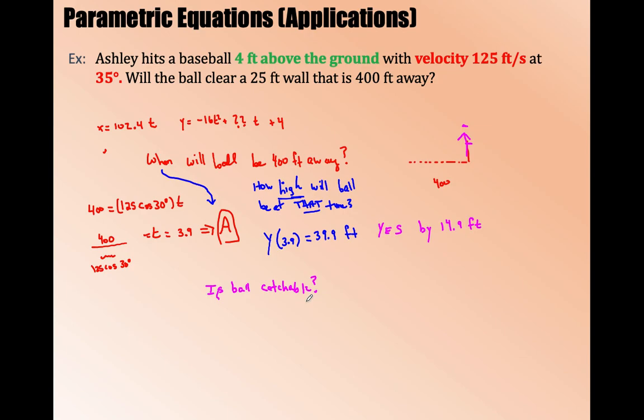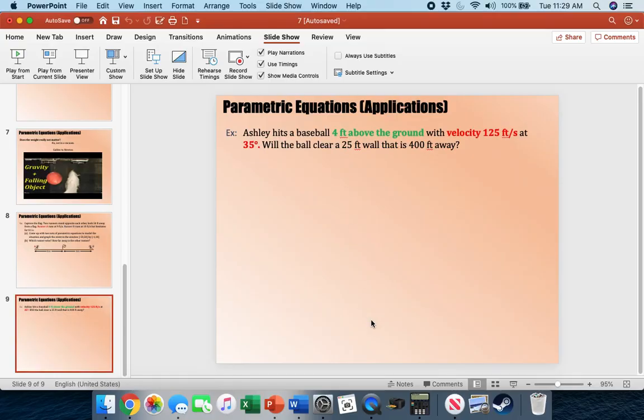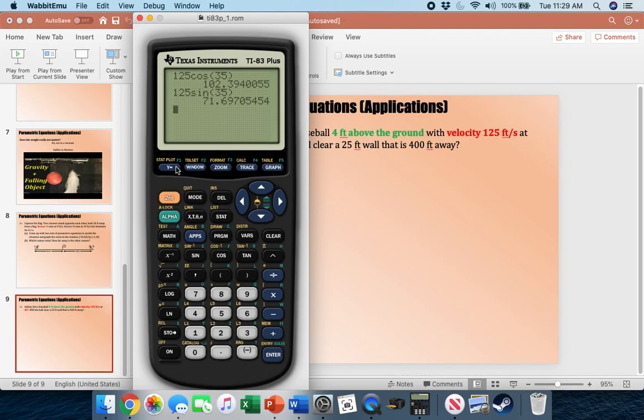All right, so let's go to the calculator and look at a couple of these things. 125 cosine, making sure again that you're in the right mode, radians versus degrees, negative 16t squared plus 125 sine of 35 degrees t plus 4.